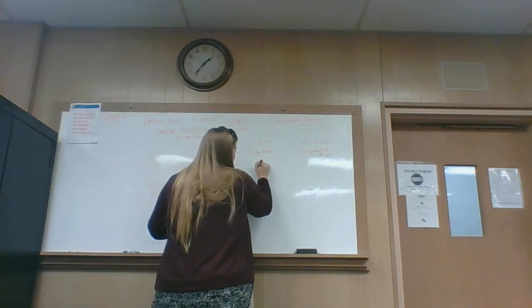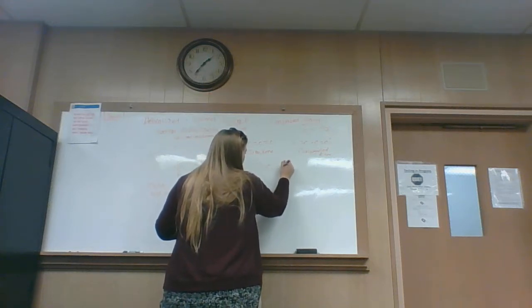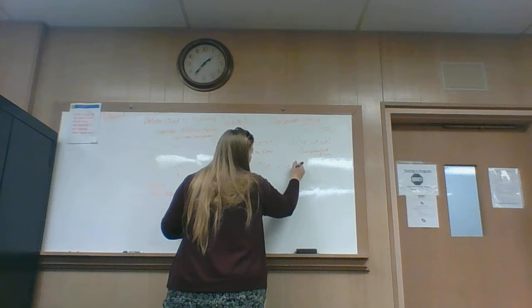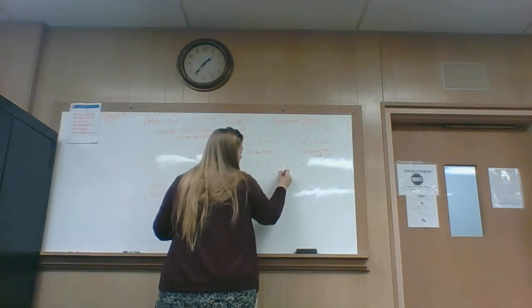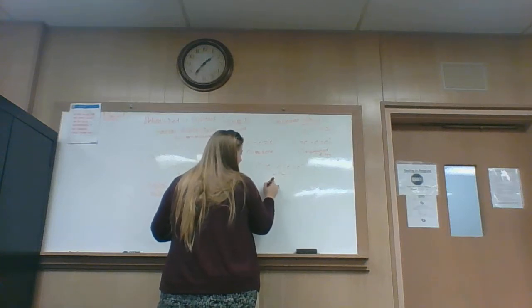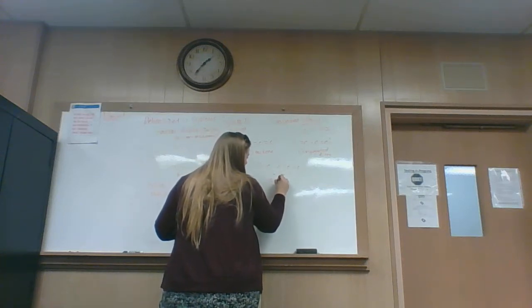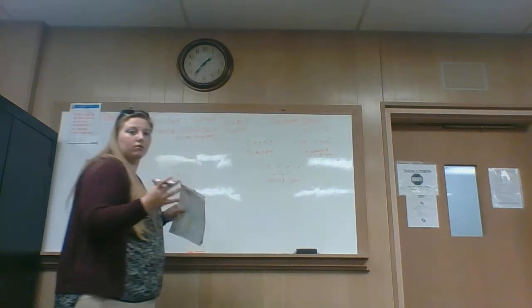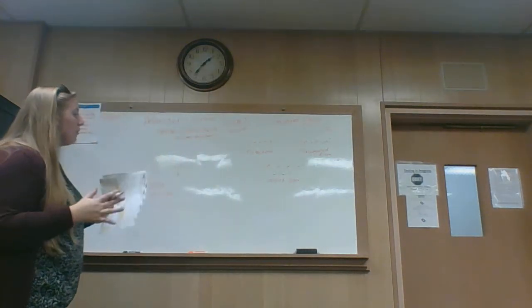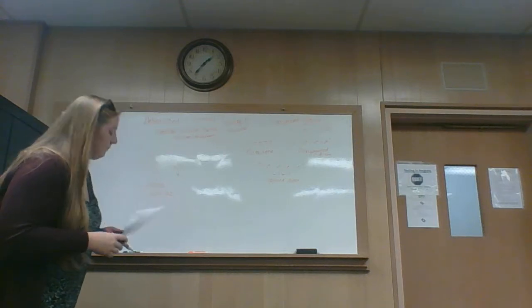If you have more than one single bond in between, so here we have two single bonds, this is referred to as an isolated diene, or non-conjugated. So there's another single bond in the middle there.